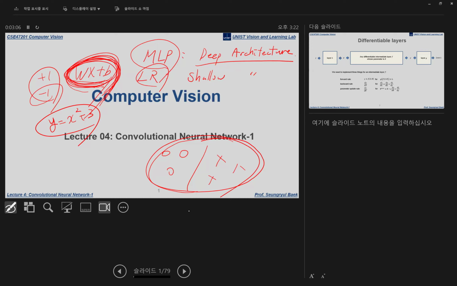The data from the real world are randomly distributed, and there are many nonlinear cases. So in practice, because deep architectures can model nonlinear functions, they can be better for real-world data.